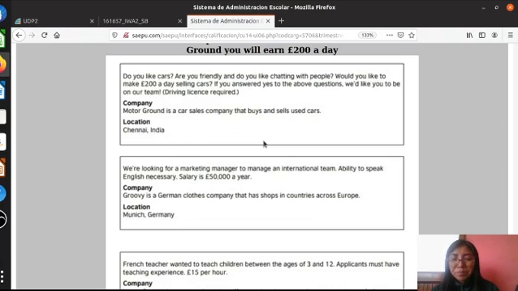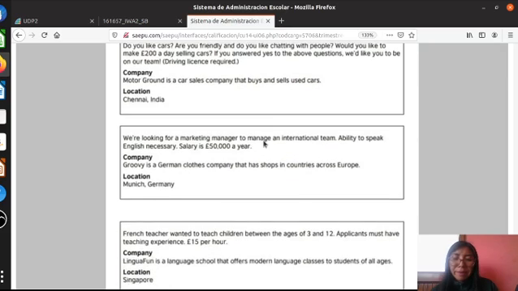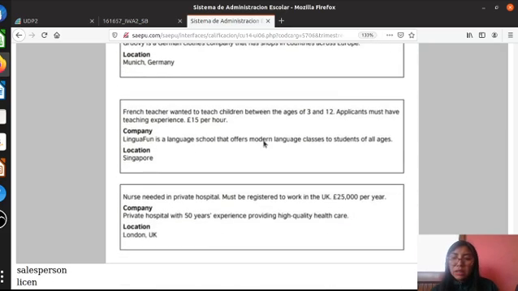Salary is 50,000 euros a year. Company, Groby is a German clothes company that has shops in countries across Europe. Location, Munich, Germany. French teacher wanted to teach children between the ages of 3 and 12. Applicants must have teaching experience. 15 euros per hour.